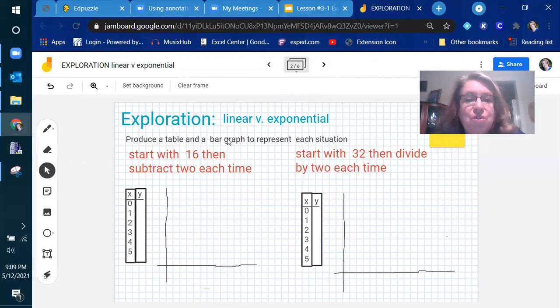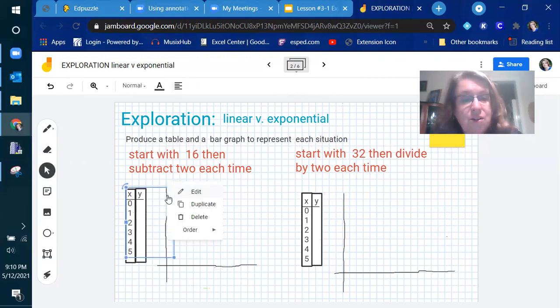Here, on this one I'm going to start with 16, and this one I'm going to start with 32. So we're not exactly starting with the same number, but you'll still be able to see what I want you to see here. So here, again, my starting number is 16.